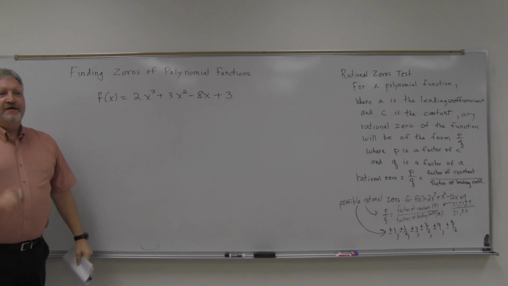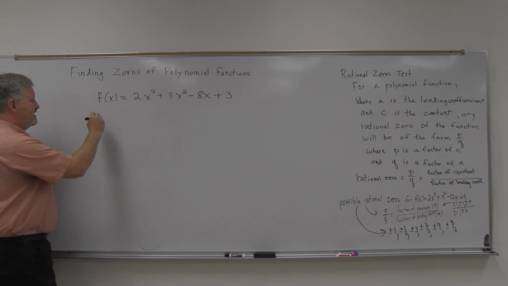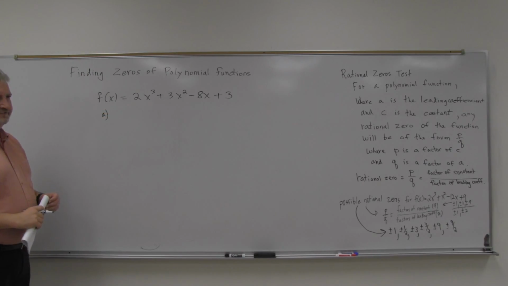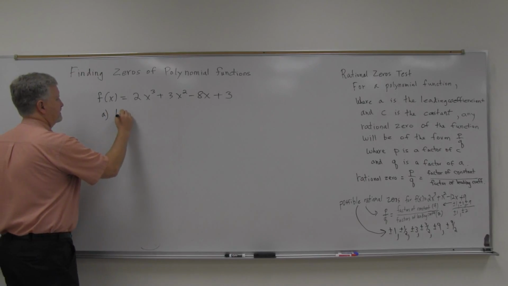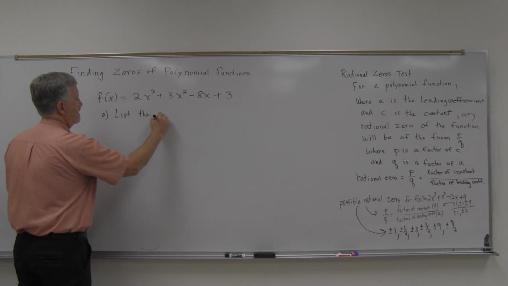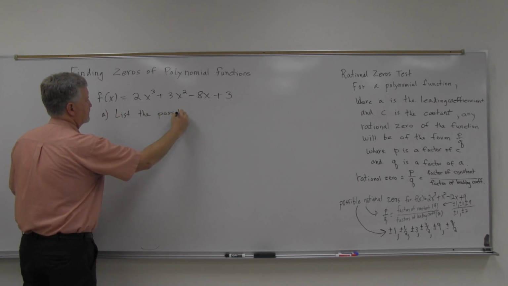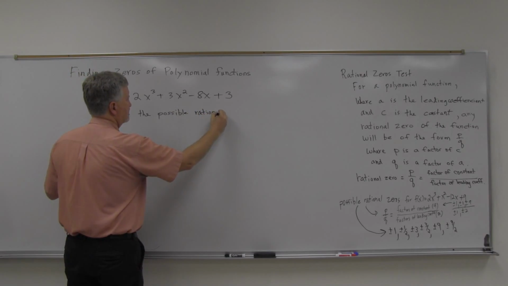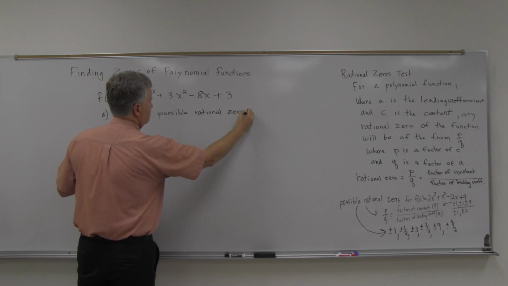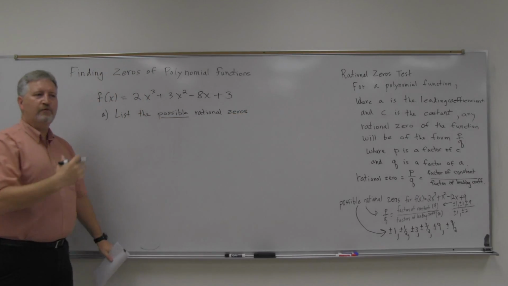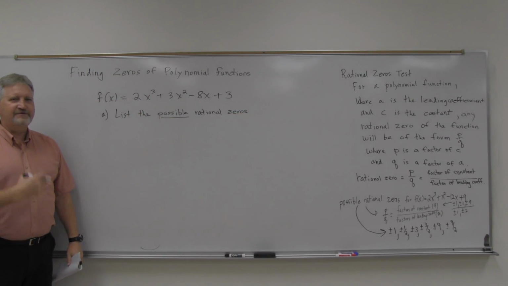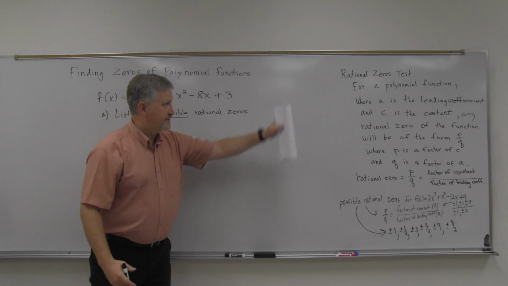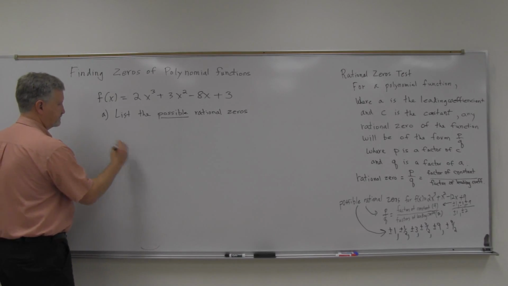For part of this, let's just list the possible rational zeros. These are just possible ones. These aren't all zeros. These are just the possible ones, using the rational zeros test, which is what they have in mind.